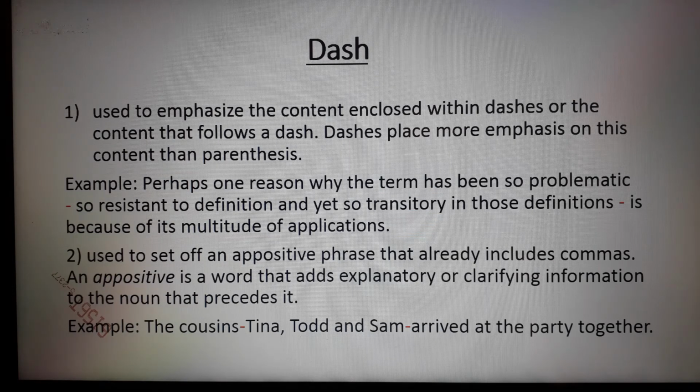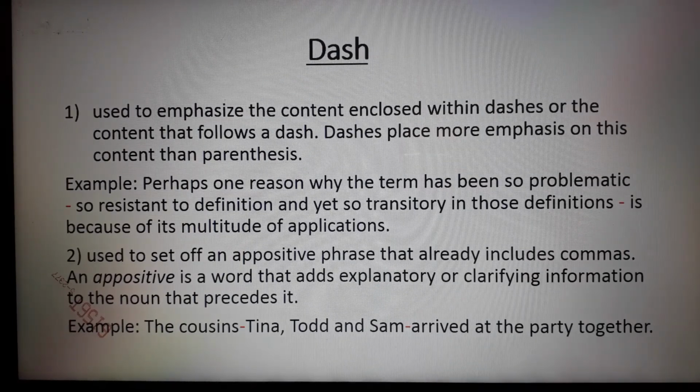And the dash is also used to set off an appositive phrase that already includes commas. An appositive is a word that adds extra explanatory or clarifying information to the noun that precedes it. The example is, the cousins Tina, Todd, and Sam arrive at the party together.